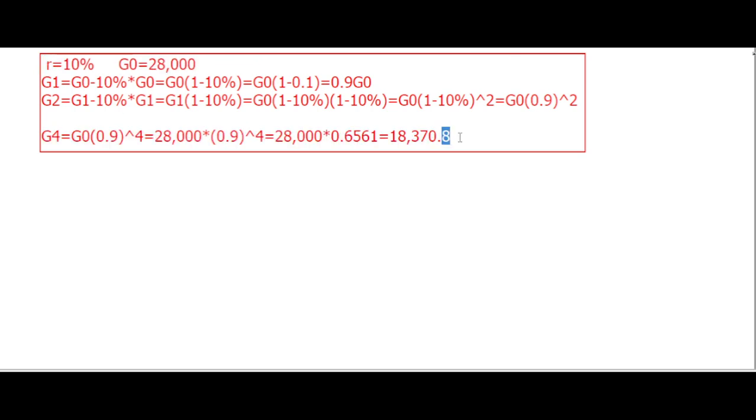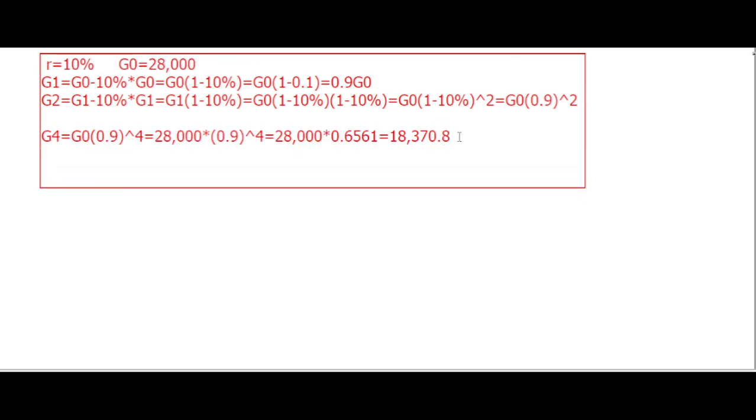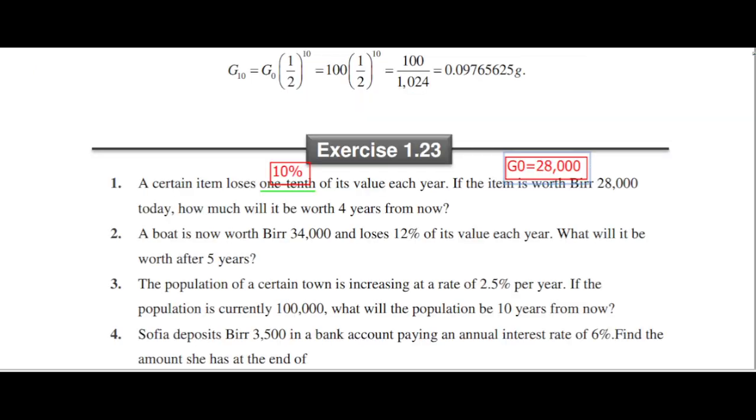Let's do question number 2. We have given rate R, which is equal to 12%, and G naught is equal to 34,000.